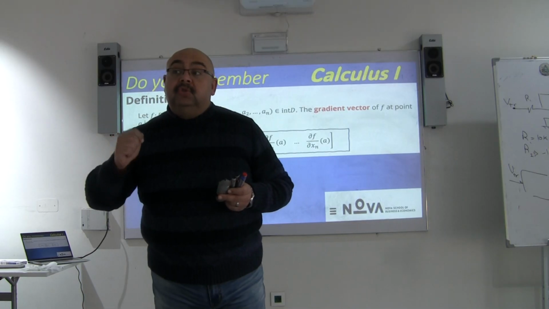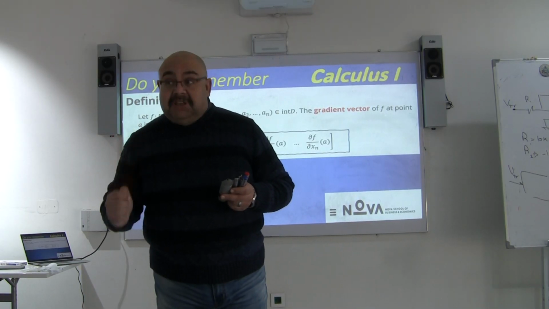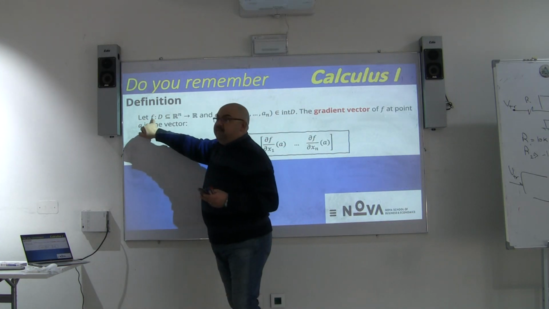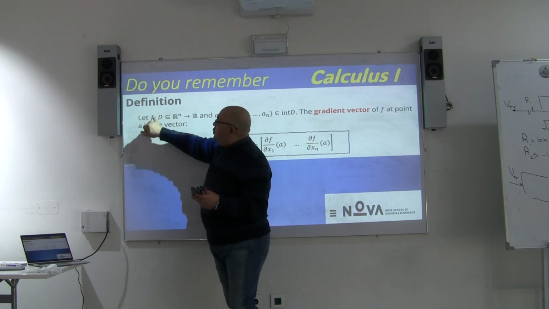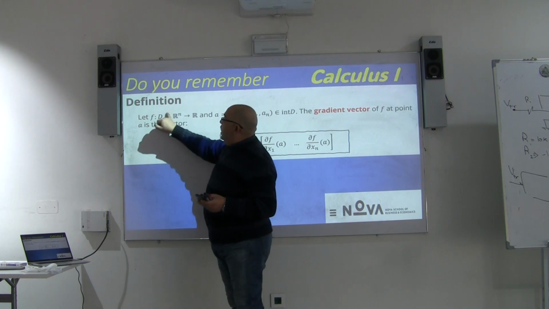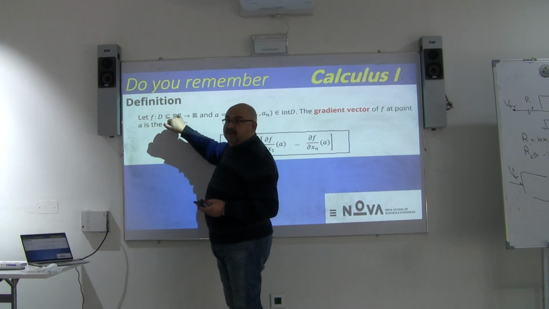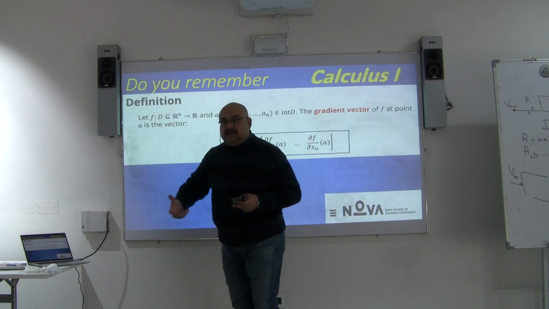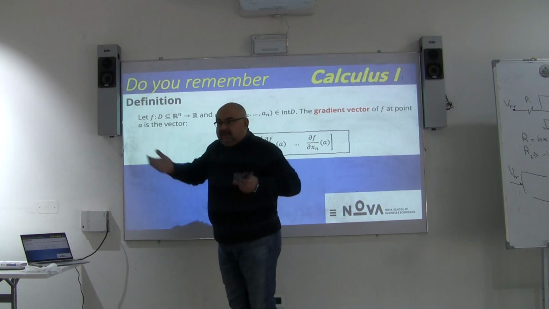It's really very important to be able to read what's given. So once more, let f be a function such that its domain is a subset of R to the power of n. So I'm expecting that f contains parts of x, y, z, l, m, whatever.